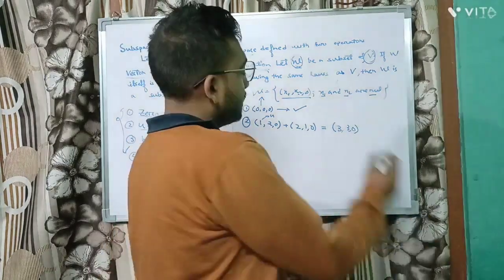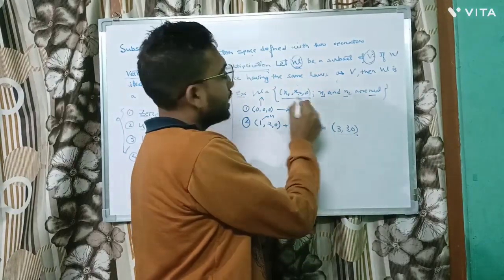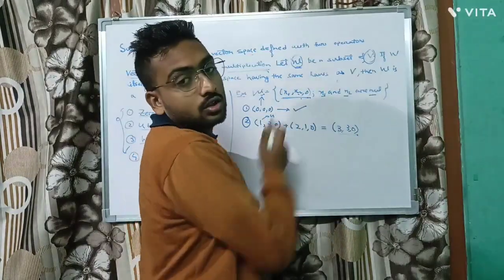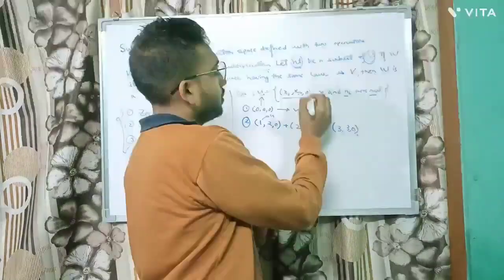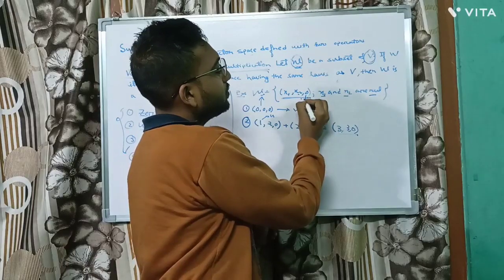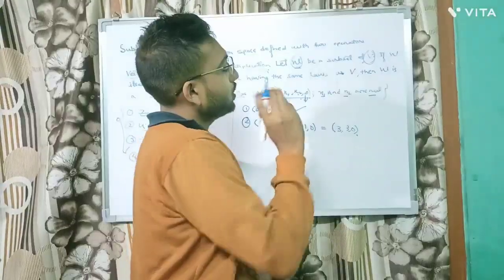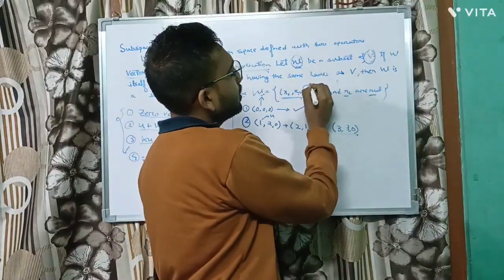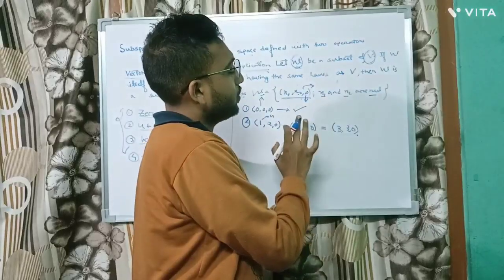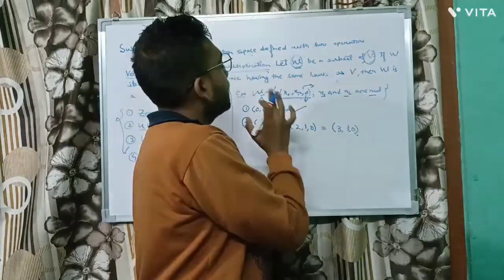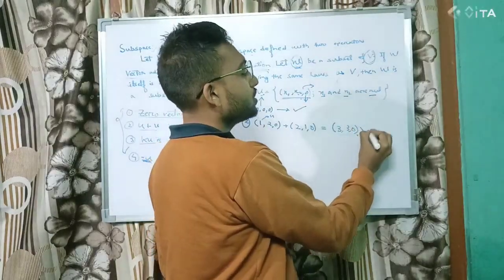So I can see that (3, 3, 0) is also present in W, as it is not violating any law. Actually, what we have done here is just set the third coordinate of W as 0. So until we are not violating this 0, we are going to satisfy all the properties. That is, this is also lying inside the set W.